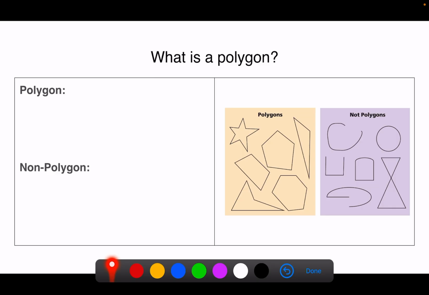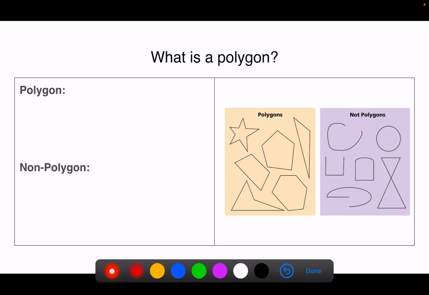And we're going to use a really simple definition, easy for you to write. So in your notes, you're going to write down two words, polygon and non-polygon, as your first entry into your notes. And I'm going to write a definition for you here for polygon. It's a figure.